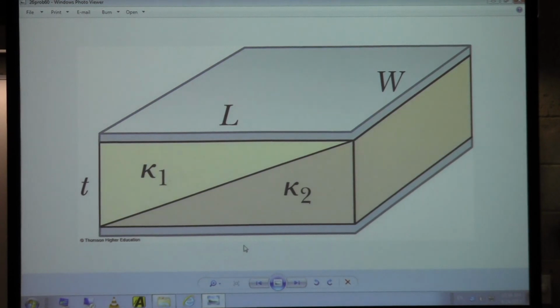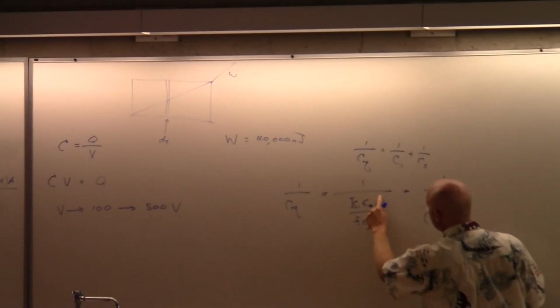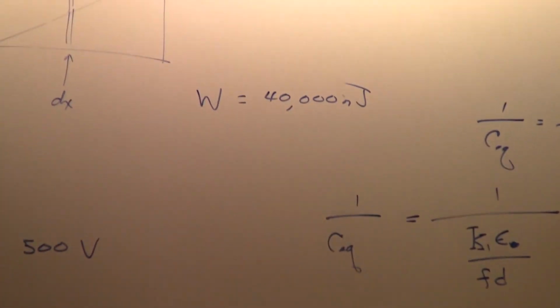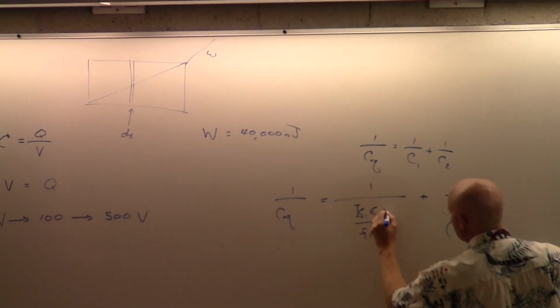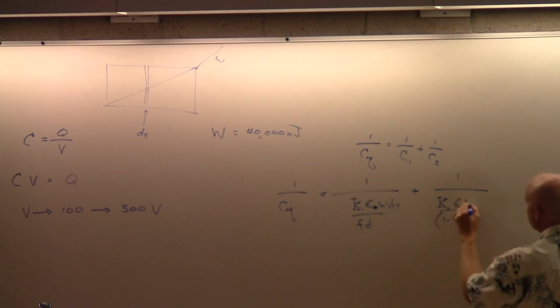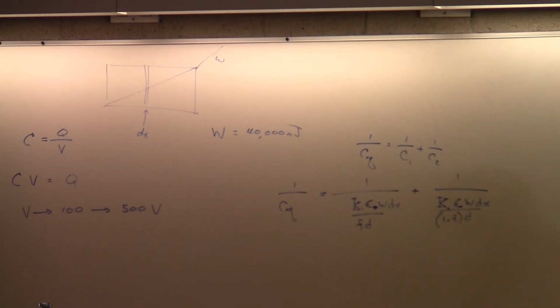My hint for you, now that we're out of time, think of this as a length of dx going back a width w. Don't I just have 2 capacitors in series where the area now is w times dx, right?